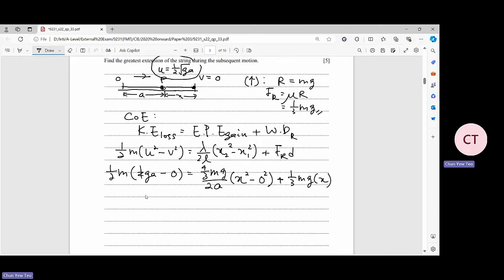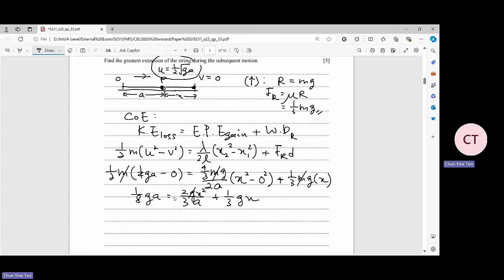Okay, so if you simplify them, first of all we can cancel the m. So this one is 1 over 8 gA equals 2 over 3 gx squared over a, plus 1 over 3 gx.